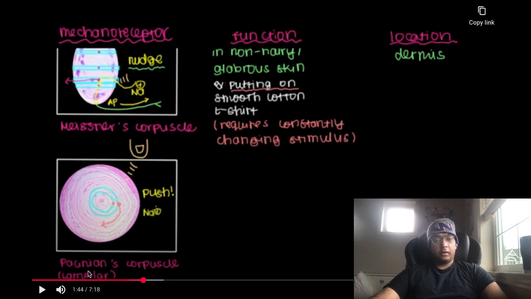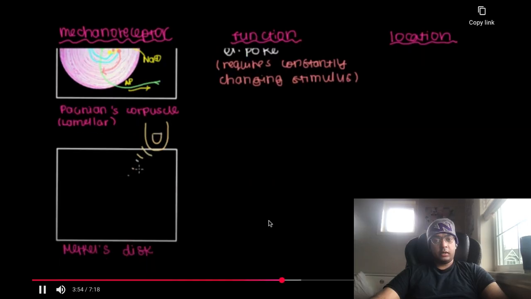We have it's lamellar. We push on it, and it's similar to this in that it's stop motion. It's a lot deeper. A lot more sodium can enter. Touch. This is more like poking. So if a question says, "Oh, if I poke you, if I touch you," this is definitely the kind of gradient we're talking about.